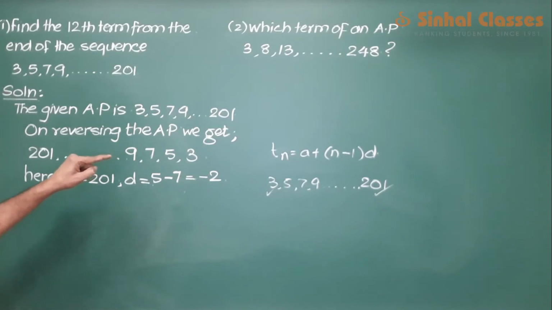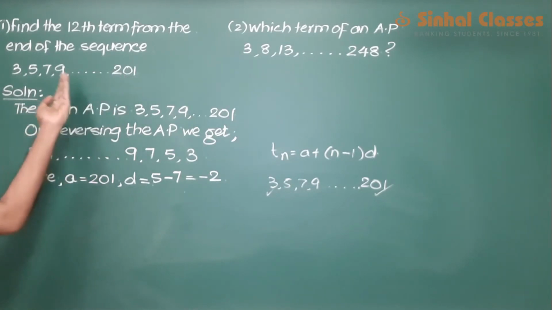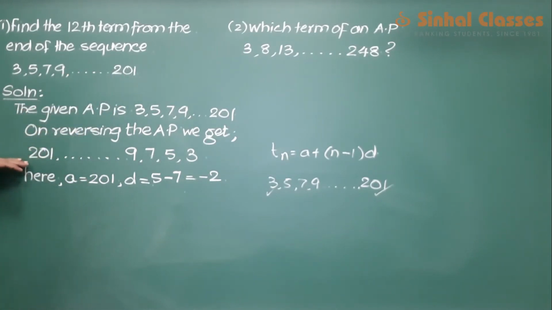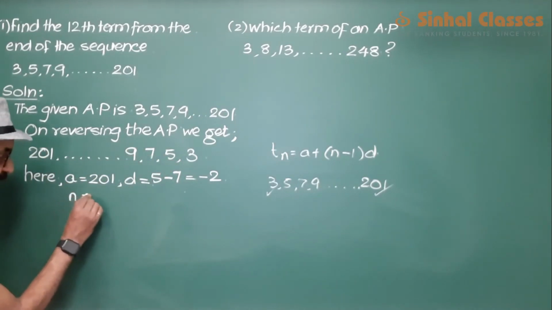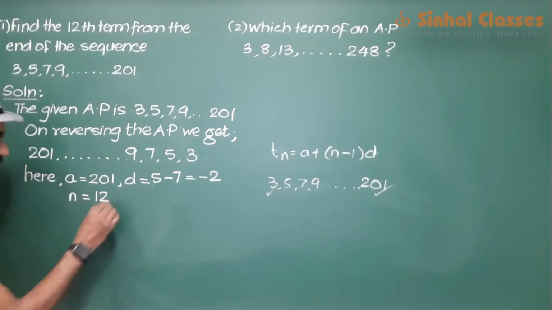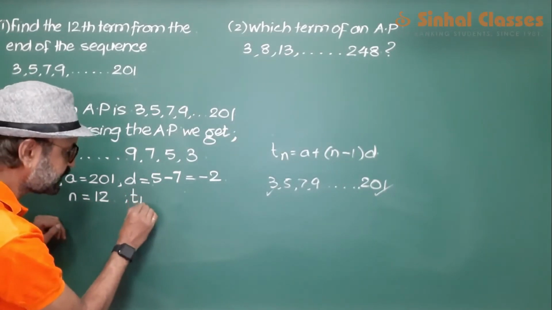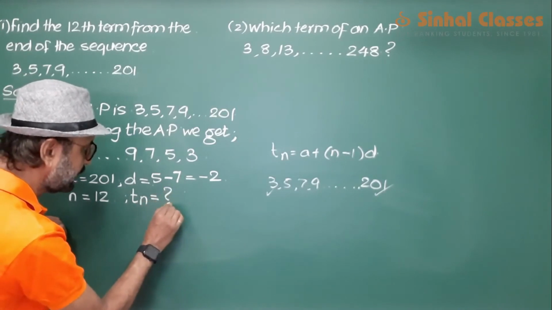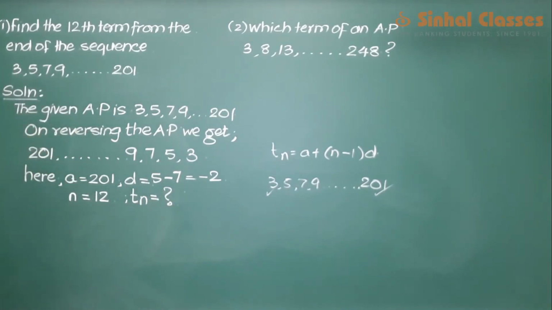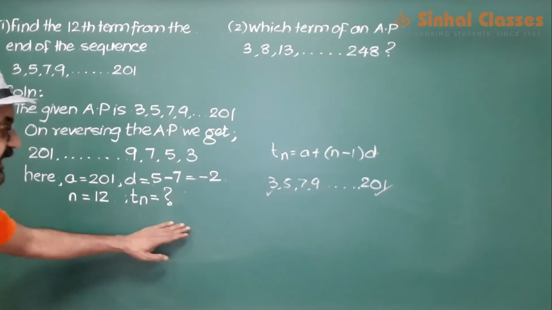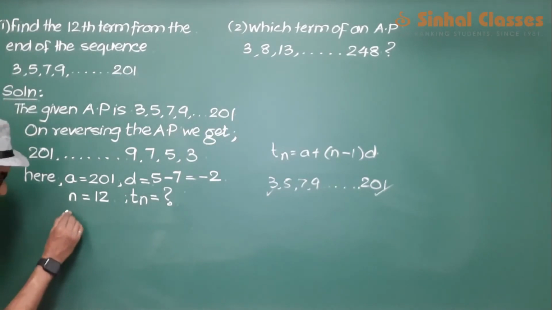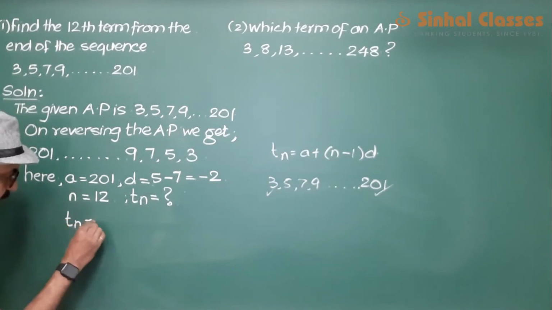You are asked to find out 12th term from the end. So now here you are trying to find out 12th term from the beginning. So the number of terms that you have here is 12. Find out which is this 12th number. So you have to find out Tn. Now by using the formula for Tn, we can very easily find out the 12th term.